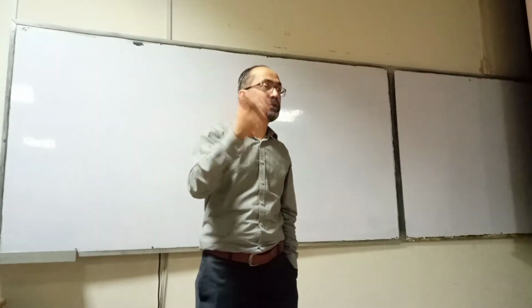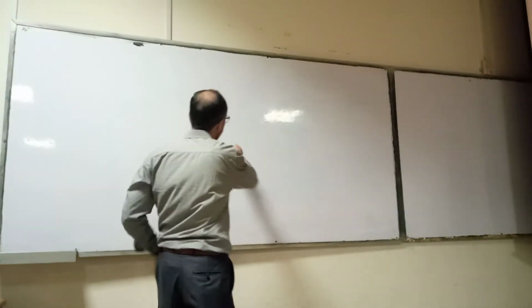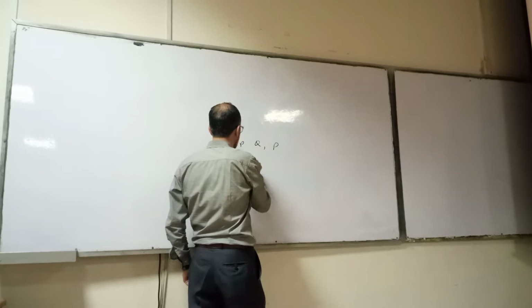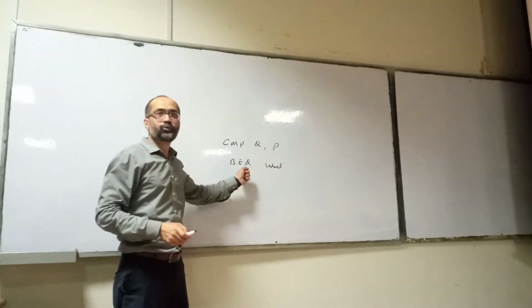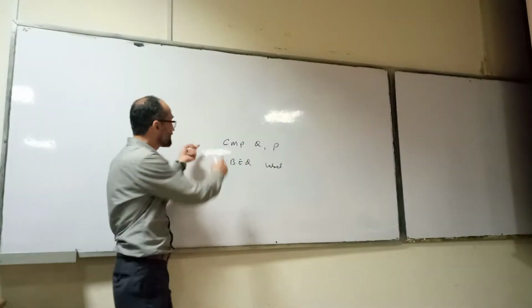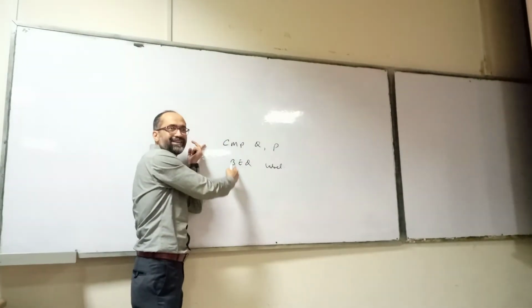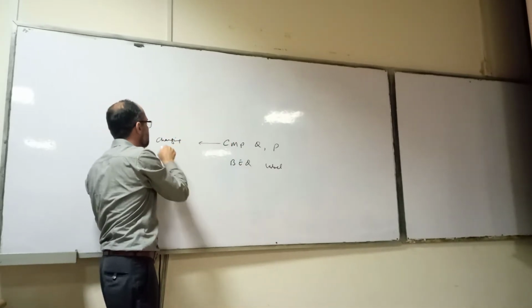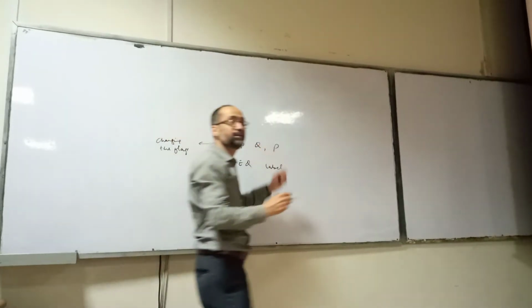This preceding instruction can be a compare instruction. It can be any instruction. So let's assume you say compare Q and P, and then branch if equal to a label. So we are testing the flag. The compare instruction that is preceding this instruction is changing the flags. Which flags will be changed?